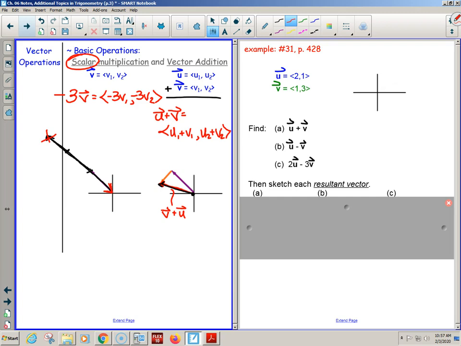However, there's a dilemma. In this picture, if I were to use law of cosines or law of sines, guys, can I figure out the magnitude of the sum with one of those formulas? If I had side and then maybe angle and then maybe side? Could I use law of cosines or law of sines to find this side? Yeah.